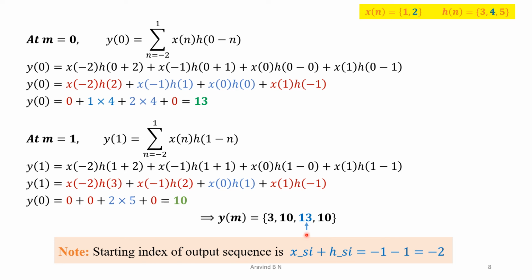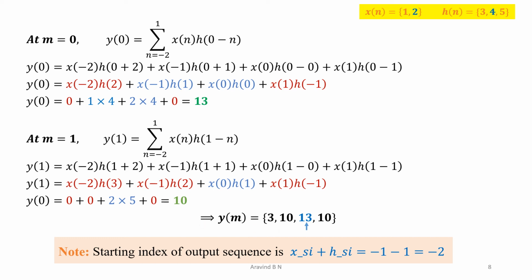See, procedurally in the time domain it remains the same, but based on the origin, from where to where we need to calculate, that means the range of the m as well as the range of the summation is going to vary. So we have to take care of that in case of linear convolution.